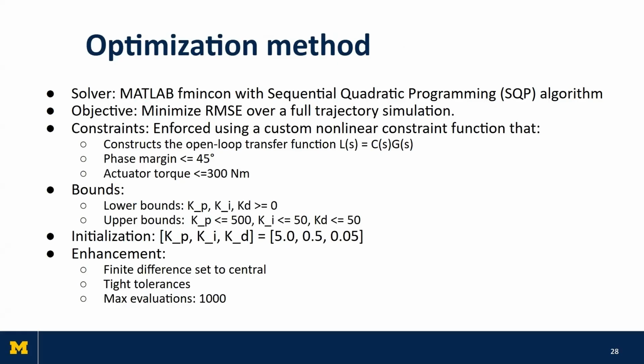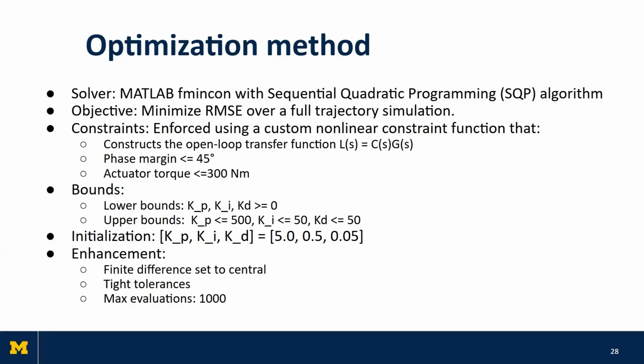The optimization method we use for subsystem 3 is the MATLAB function fmincon with the sequential quadratic programming algorithm. The objective of this is to minimize the root mean squared error function over the full trajectory simulation for each joint. For the constraints on this model, we constructed the open loop transfer function, which ensured a phase margin less than or equal to 45 degrees.